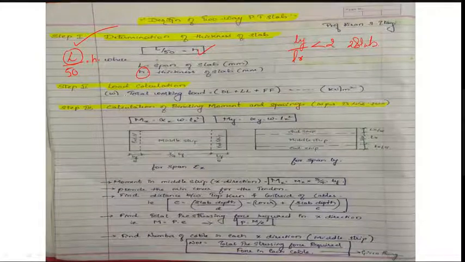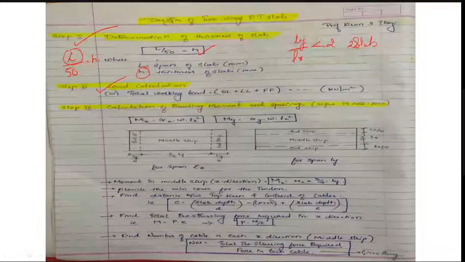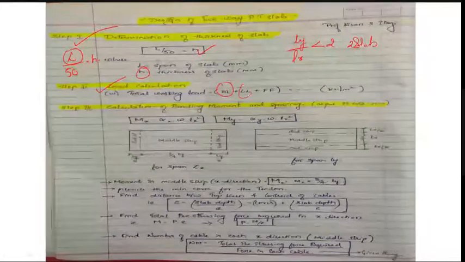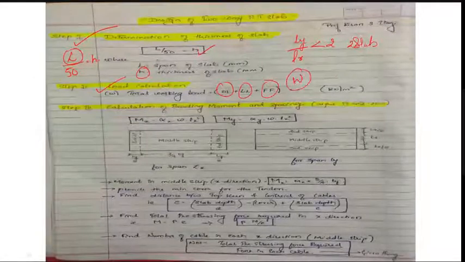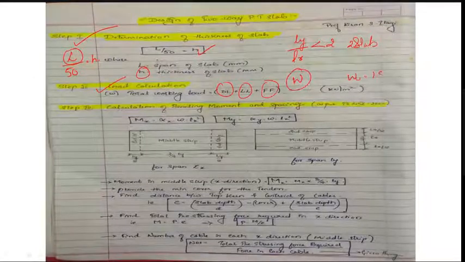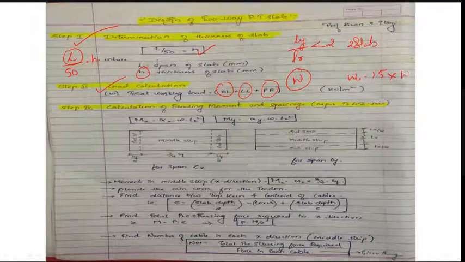The next thing is that we have to determine the load calculations, that is the dead load, live load. If he says any finishing load, take it and call the total W, and Wu will be the factored load, the ultimate load, 1.5 into W. This is the total ultimate load.